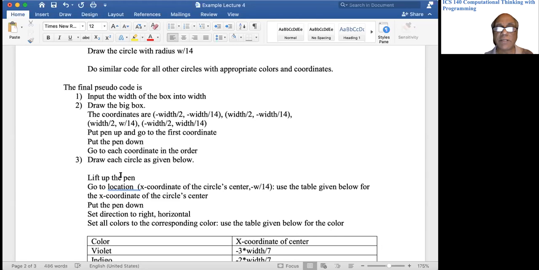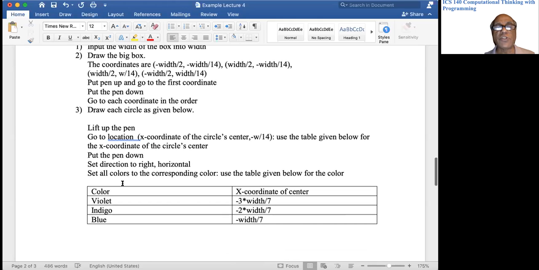Then I will lift up the pen, draw my first circle, go to a location which is the X coordinate of the center minus W divided by 14. Use the table below for the X coordinate of the circle center. And now you can put the pen down and set the direction to right and draw a circle that is filled.